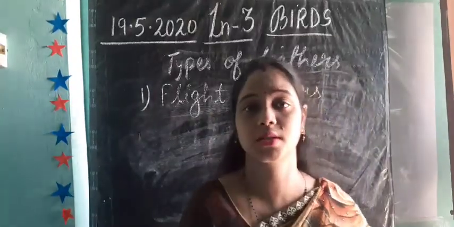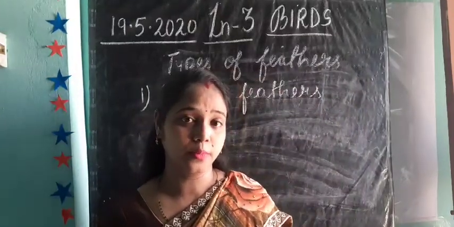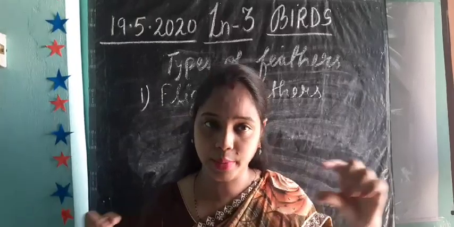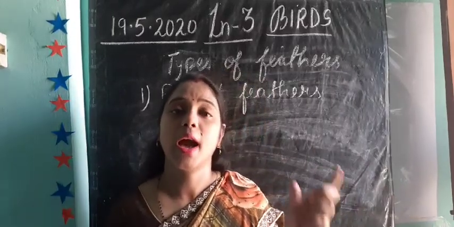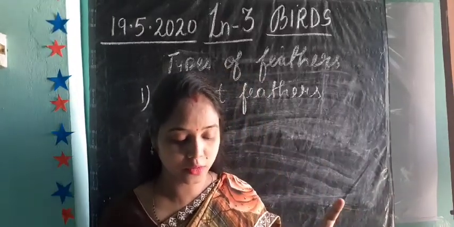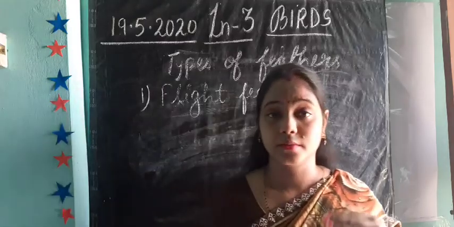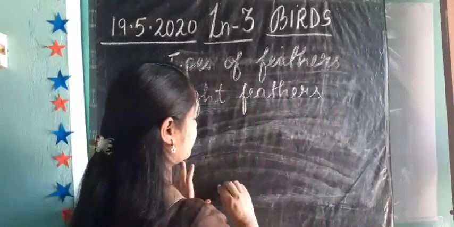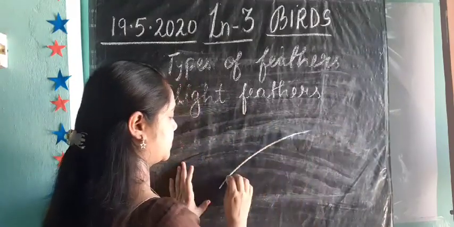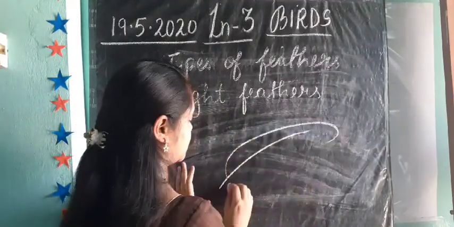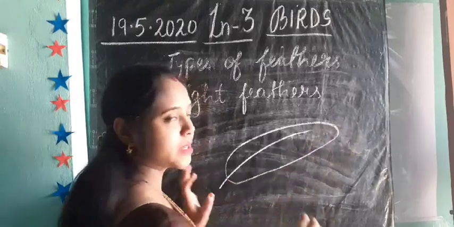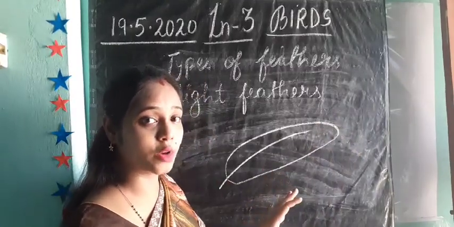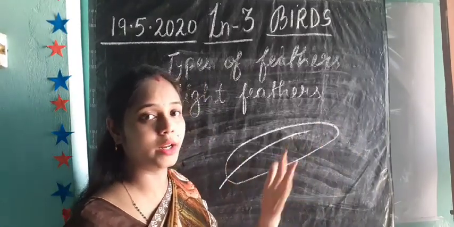Flight feathers are feathers which are big in size, and which are mostly found on the wings. Their structure is like this. These are big feathers, which we can see in the school campus also when the pigeons are moving here and there.